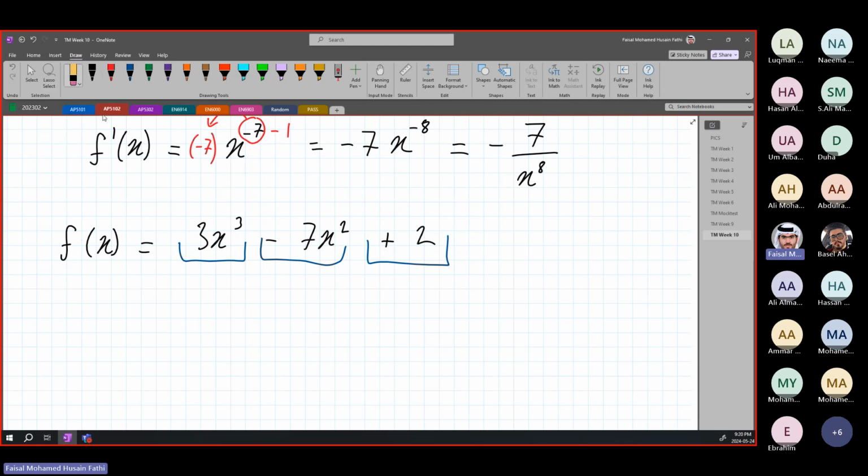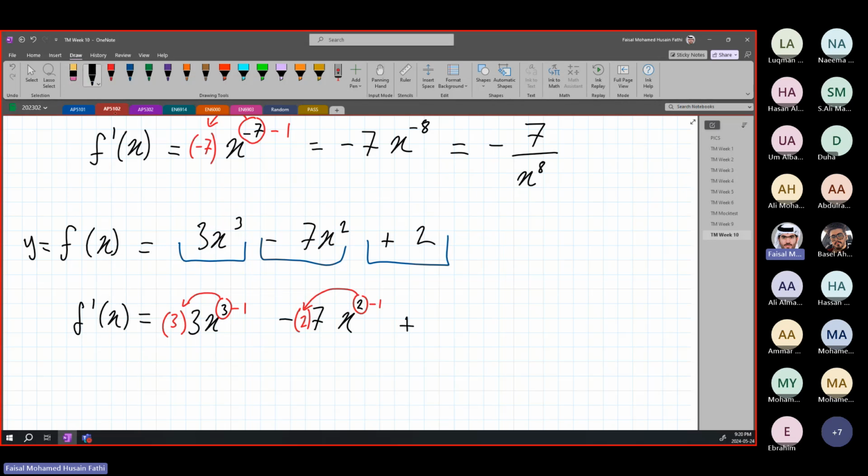Sorry, this is f of x. This is the actual function, or y. And then f prime of x is going to be, you will differentiate the first one, so it's 3x power 3 minus 1, and you will take the 3 and multiply it outside as well. And then you will do the same thing for the next one, so minus 7x squared. Again, same thing, you're going to do minus 1 power here, you're going to take it outside here and multiply it as well.